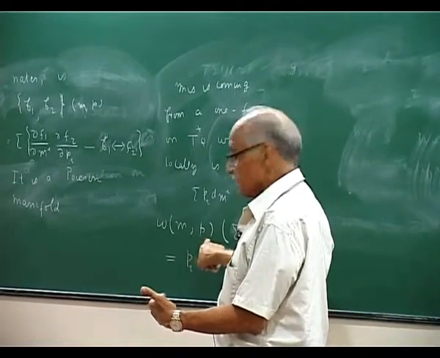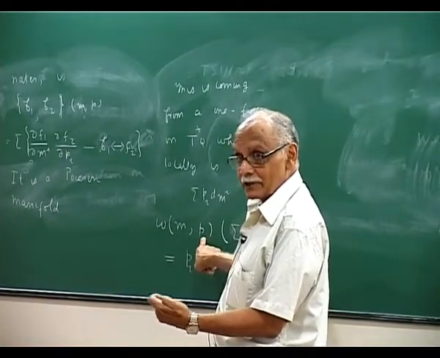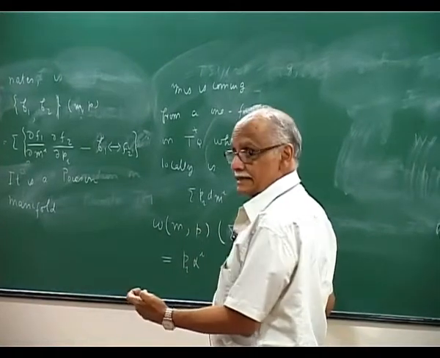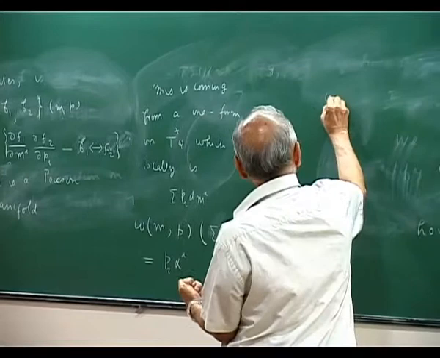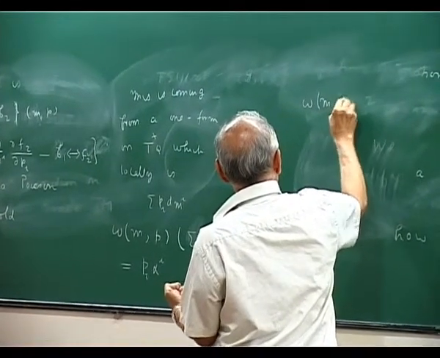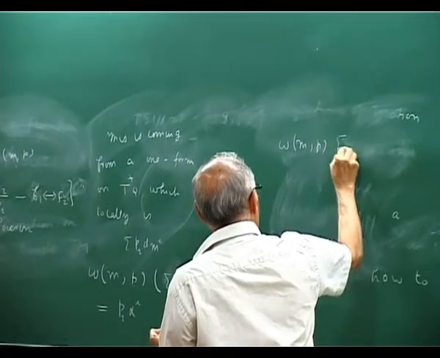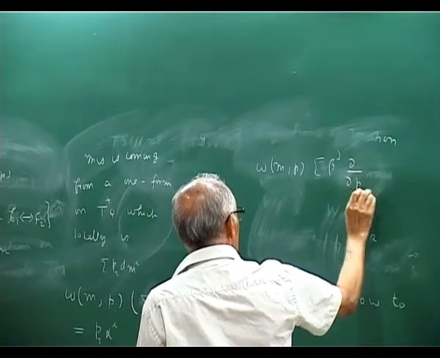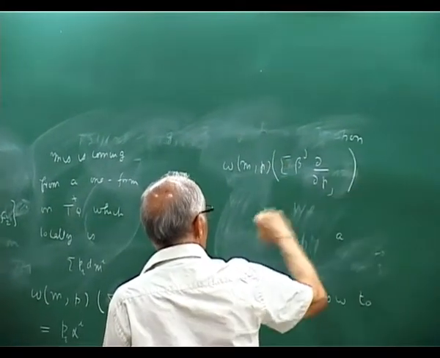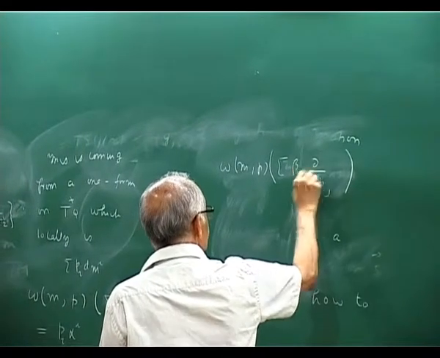But omega is evaluated at a one form already, so I take p and apply it on this, and I get alpha i pi. Then omega at (m, p) on vector fields like beta j d over dpj, in local coordinates, I say 0.